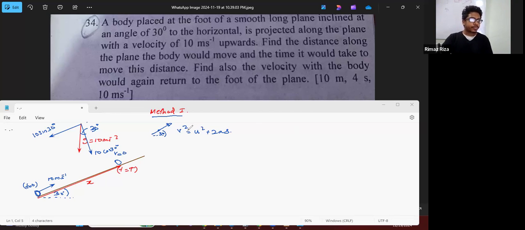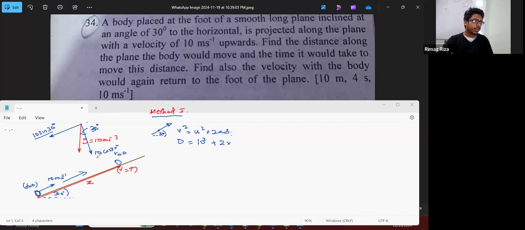In this equation of motion, v is the final velocity, u the initial velocity, a the acceleration, s the displacement. At the maximum height, the velocity will be 0. So the final velocity is 0, and the initial velocity is 10. Now I have resolved the vector g into two perpendicular components.